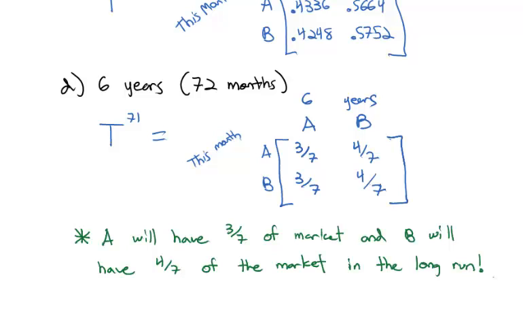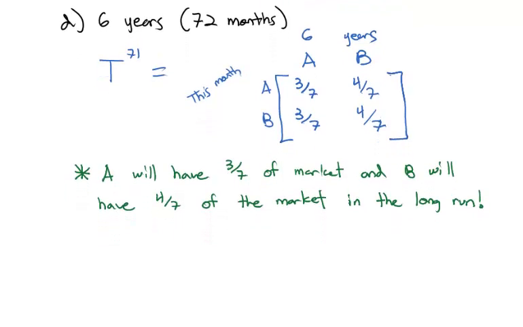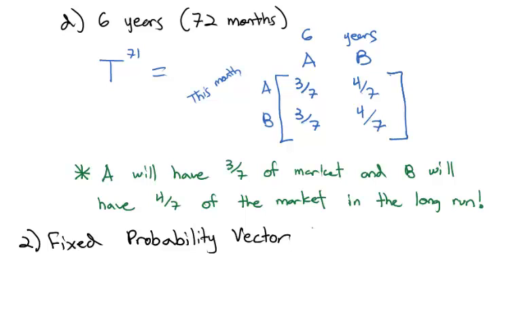And what's really interesting is if we look at this market share as a vector, what we'll call the probability vector. Actually, let me just name it. It is a fixed probability vector, also called the equilibrium vector.